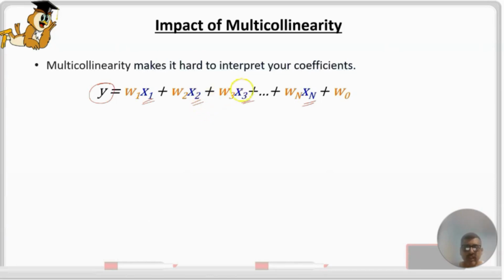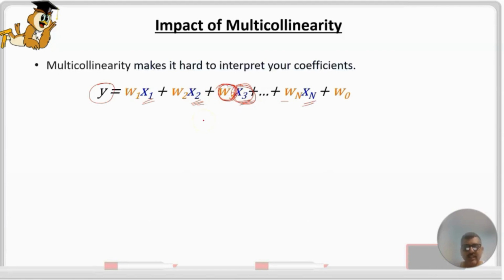So if x3, for example, is related in some way to x2, x7, x9 and so on, the value of w3 does not correctly capture the importance of x3. The relative magnitude of w3 does not capture the relative importance of x3.